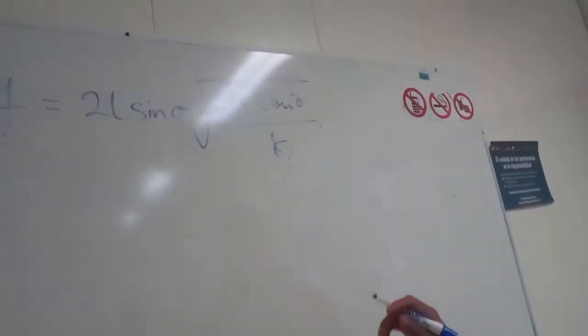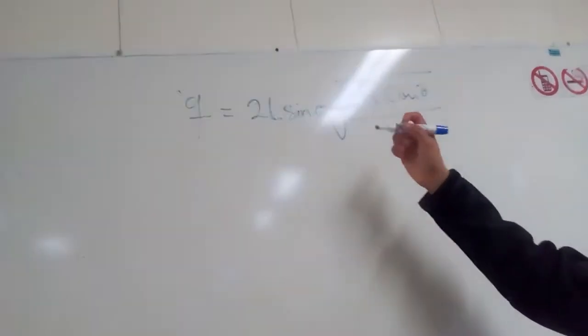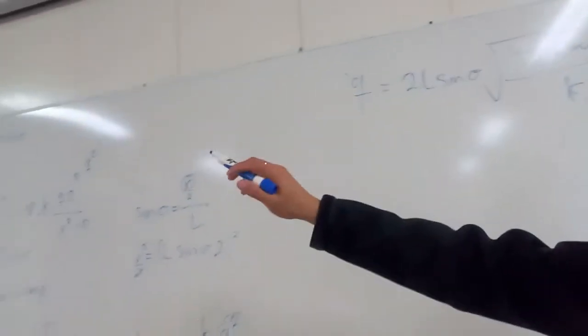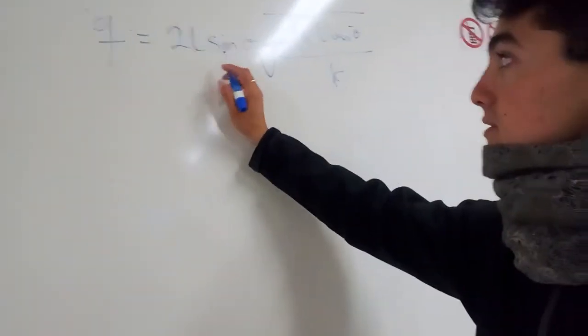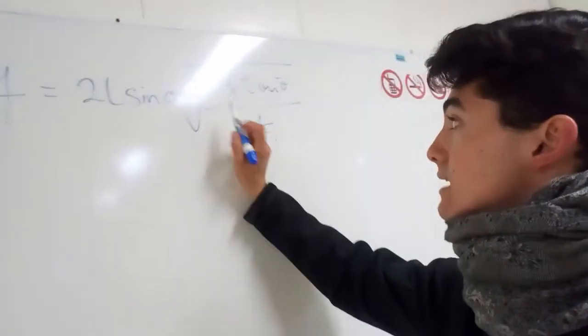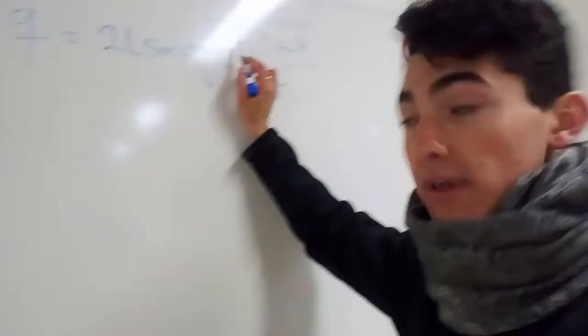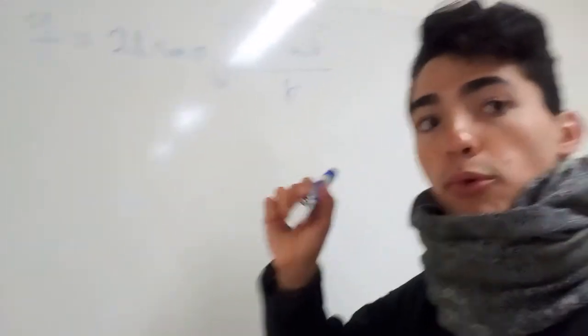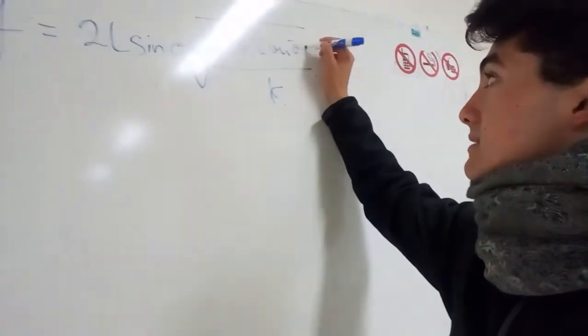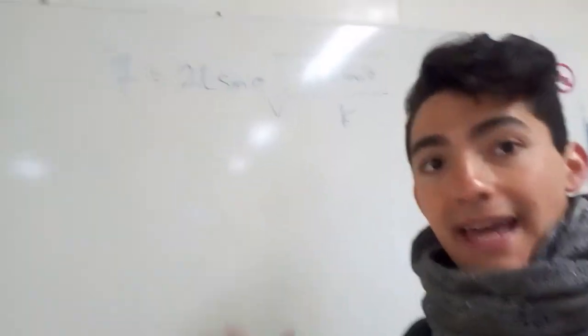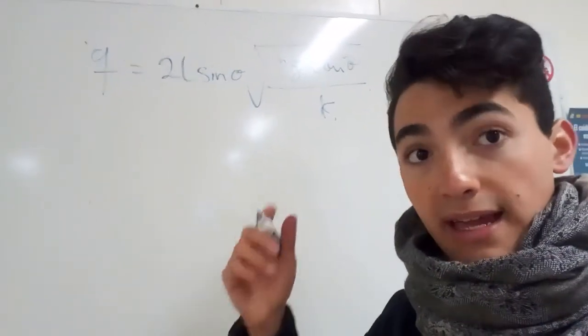Once we have this, we can substitute the length, which is 45 centimeters, theta, which is 10 degrees, the mass, which is 2.33 grams, the gravity, which is 9.81, and the constant, which we know is 9 times 10 to the 9.